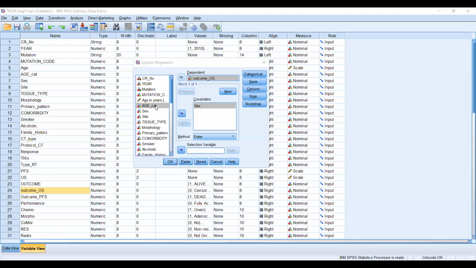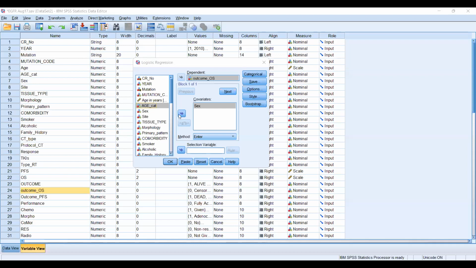Whether you take age as a continuous or categorical variable, as I told you, it is always recommended to have strong power, because when you convert a continuous variable into a categorical variable, you lose some power of the study. If you want to see lung cancer in young people and elderly people and what the difference is, then definitely you can go with categories.